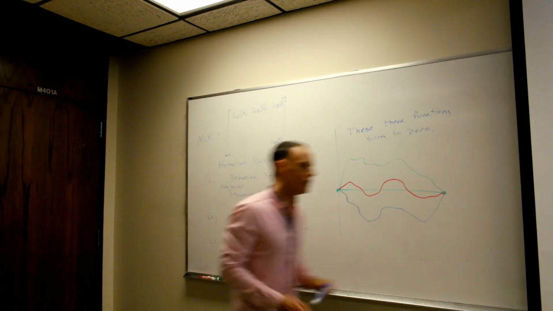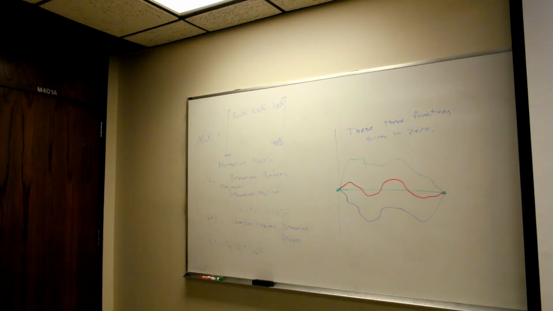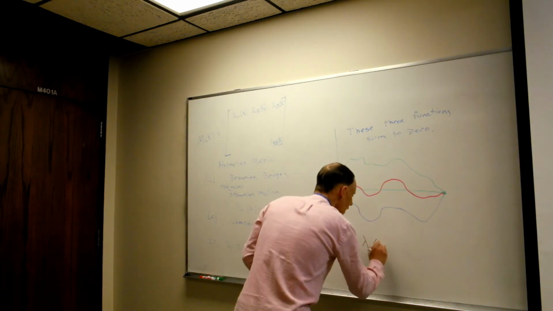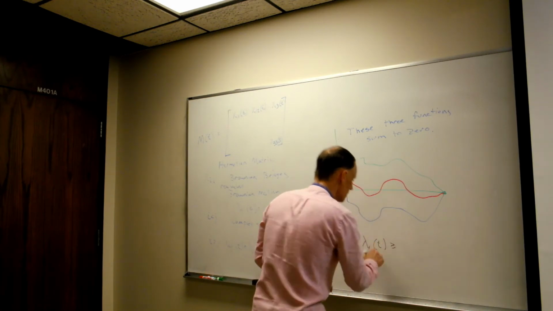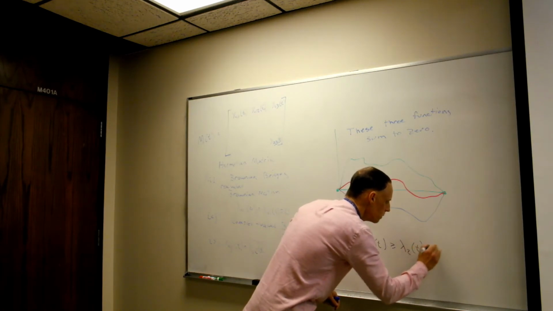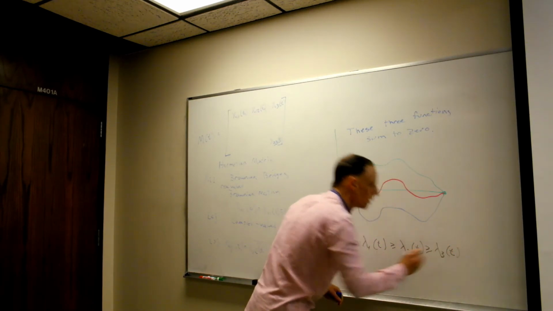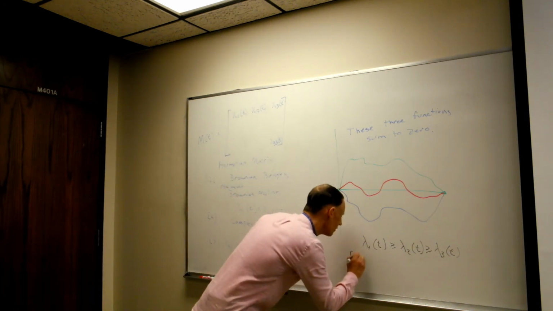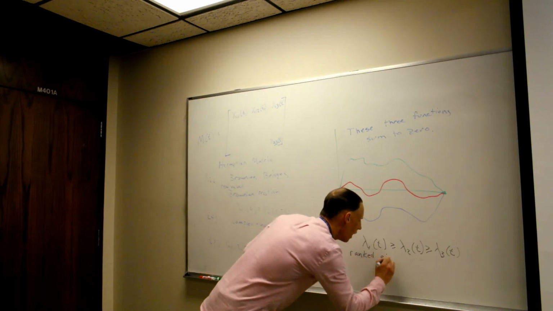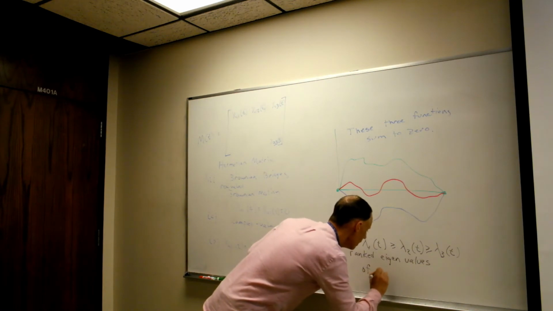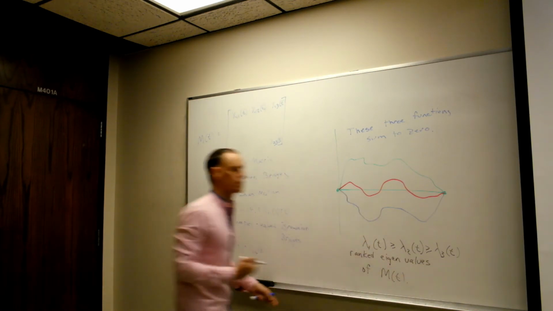So I have gamma 1 of t, which is the largest eigenvalue, bigger than gamma 2 of t, which is bigger than gamma 3 of t. These are the ranked eigenvalues of the family of matrices M of t.